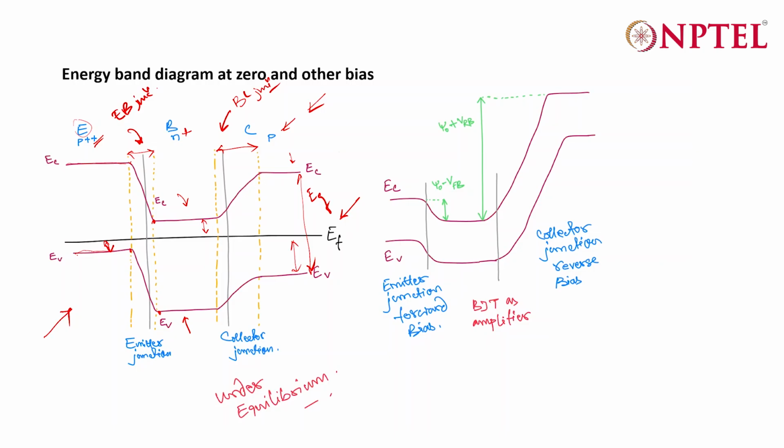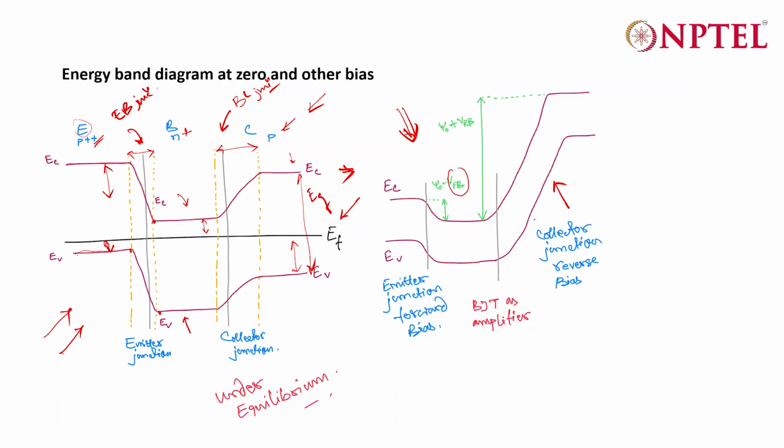Now, if you put bias in this device, definitely your energy band diagram also will change, and it will look like this, wherein you will have a huge barrier in case of the collector junction because your base collector junction is reverse biased, and you'll find that the built-in potential here will reduce by the amount of forward bias voltage, and the entire picture will look like this.